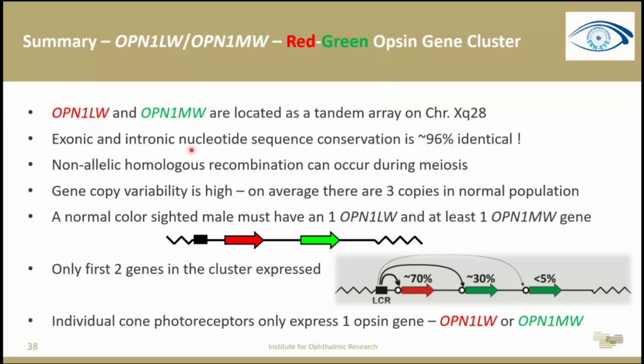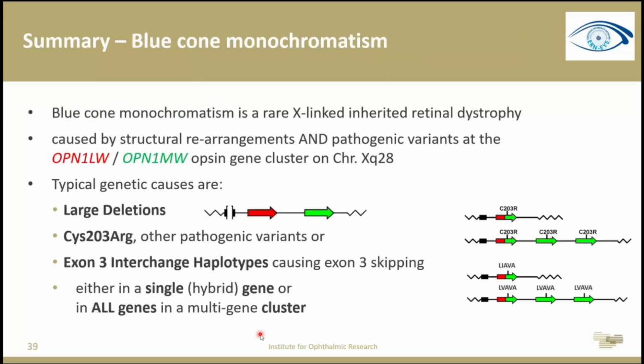Exonic and intronic nucleotide sequence conservation is super high, almost identical, resulting in non-allelic homologous recombination and gene copy number variability. A normal color-sighted male would be fine with one single red, one single green gene, as only the first two genes in the cluster are expected to express, and one cone photoreceptor only expresses one cone pigment.